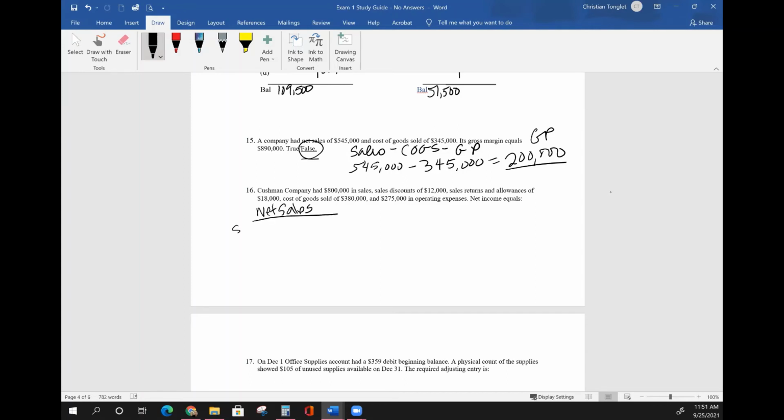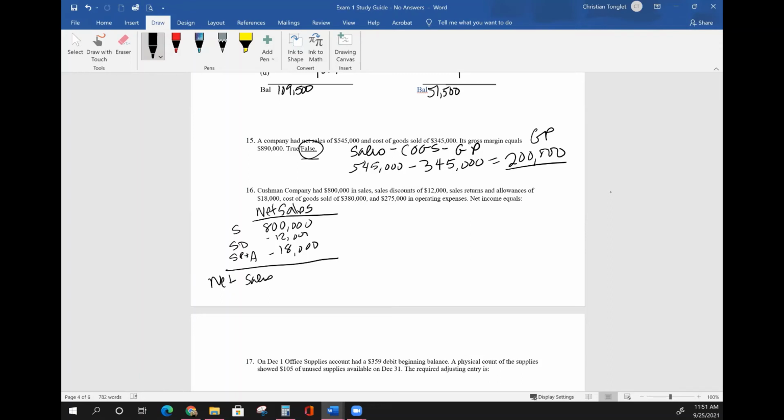So we have sales of 800,000. We have sales discount, so we're going to deduct 12,000. And then we have the returns and allowances. So sales returns and allowances, we're going to deduct 18,000 to come up with net sales.